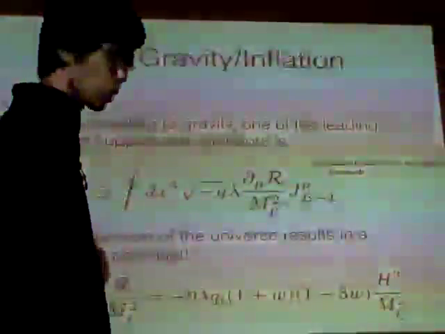A chemical potential couples as basically mu times J0, which means you can imagine gauging the symmetry and giving A0 a non-zero value. So let's consider a free scalar field in the presence of a chemical potential. Like I said, this is effectively like giving A0 a VEV. If you do the standard decomposition of this scalar into creation and annihilation operators, you discover that it's basically the old one times e to the i mu t.